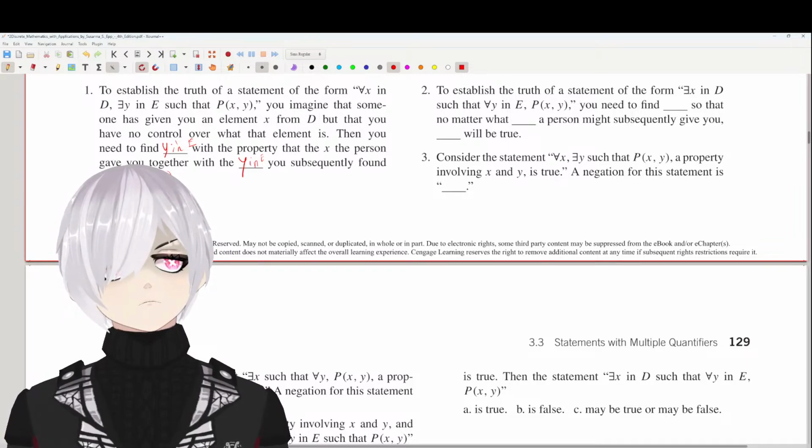I don't know why they say you have to find y in E, or you have to find something twice.